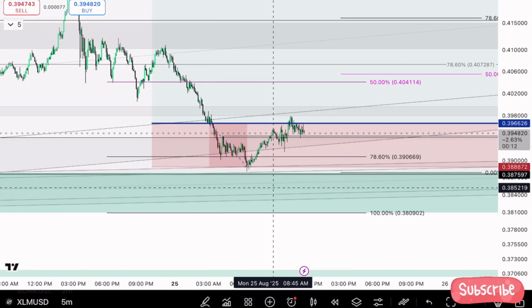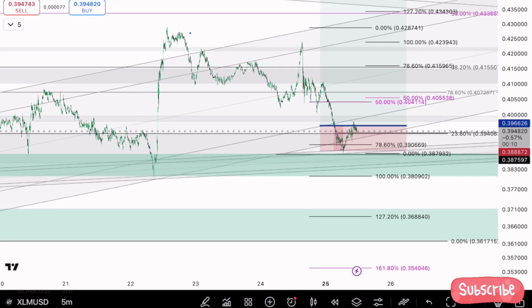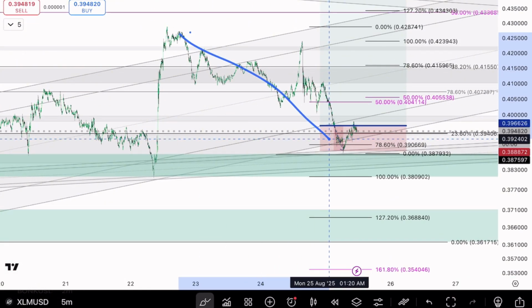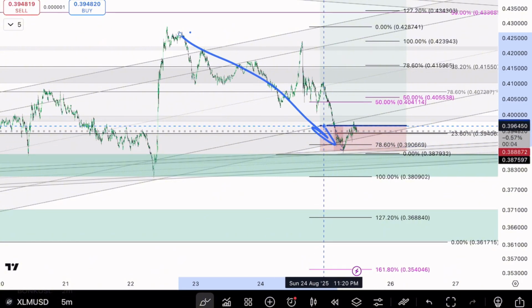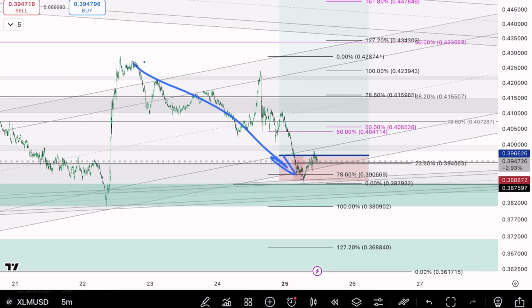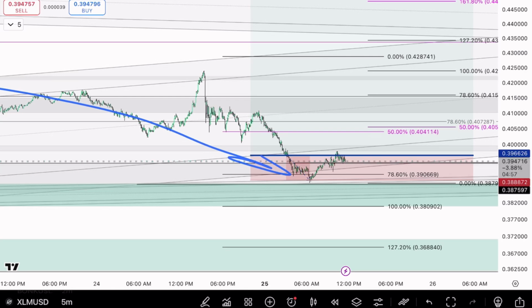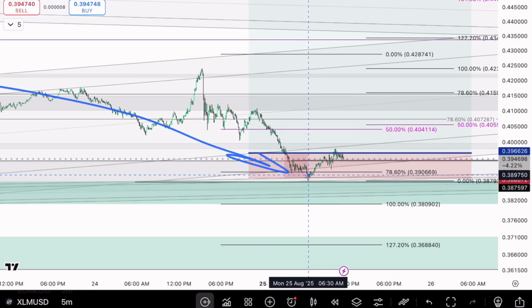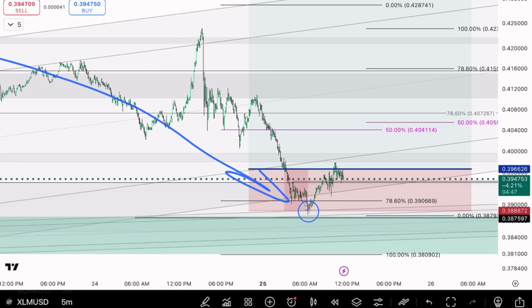Of course, we had this downward movement, and if we were to zoom in, at the time of recording some of the stuff was not there. But we had this bottom.